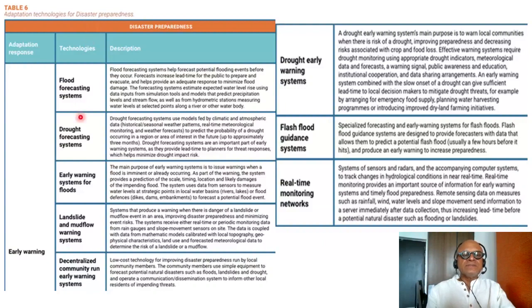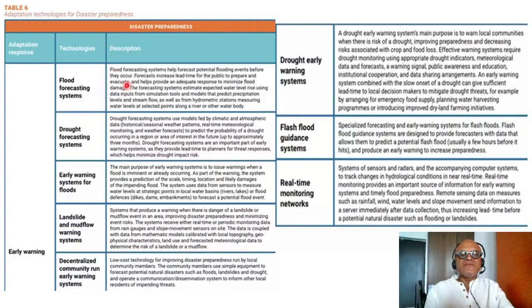So technologies: flood forecasting systems, drought forecasting systems, early warning systems for floods, landslide and mud flow warning systems, decentralized community-run early warning systems, drought early warning systems, so that's different than the drought forecasting system, flash flood guidance system, and real-time monitoring networks. Let's read a couple of sentences from each of the technologies.